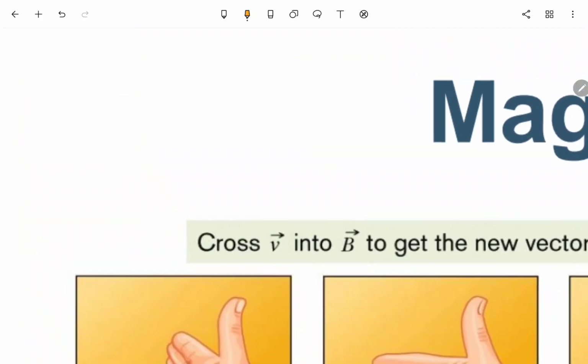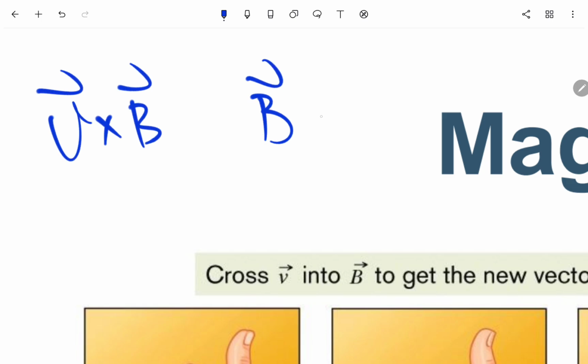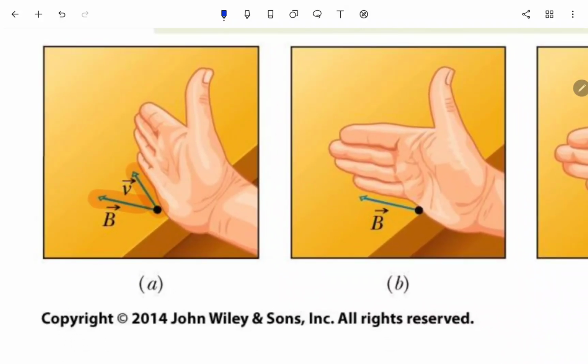V cross B is equal to negative B cross v, so you need to pay attention to the order of the cross product. You cannot exchange the order.